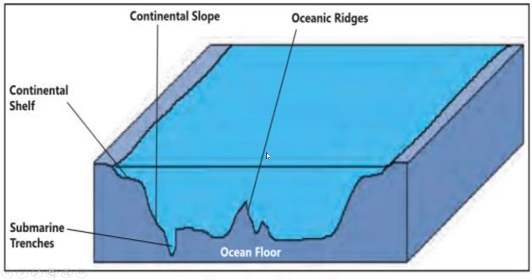This is the section view of the ocean floor. And this area you can see is the floor of the ocean. It has different names at different parts. I'll make you understand it now.